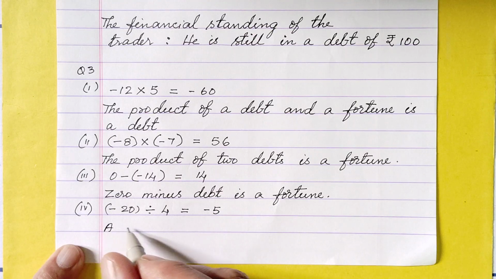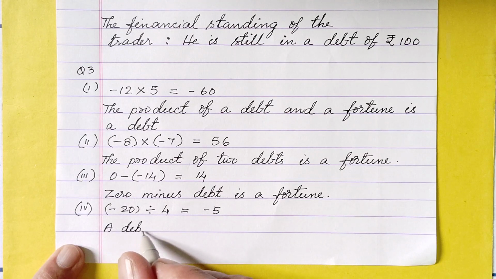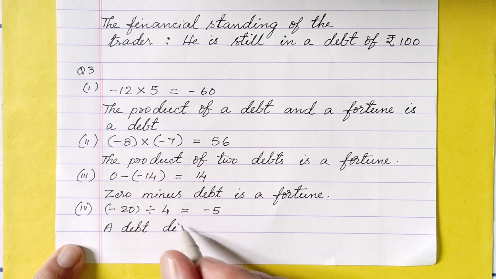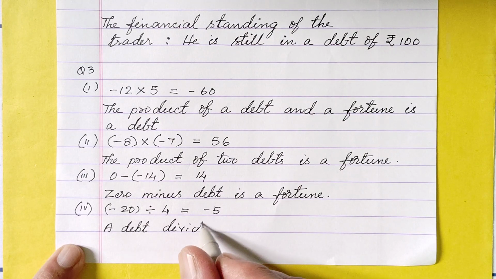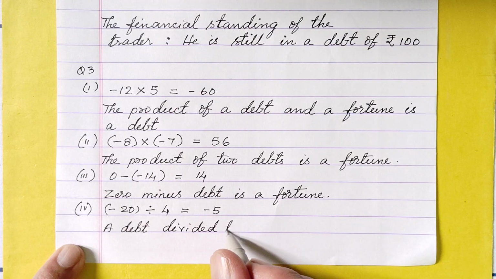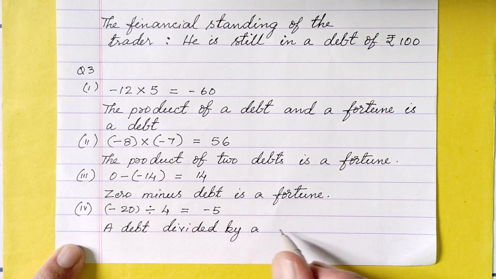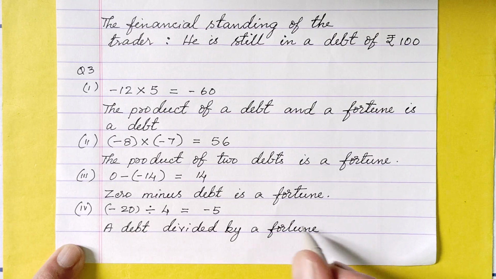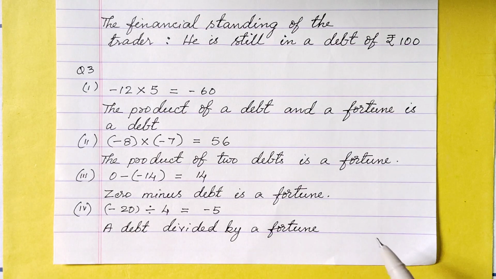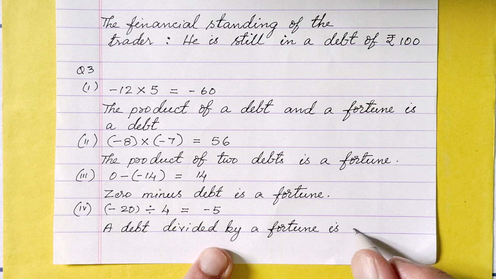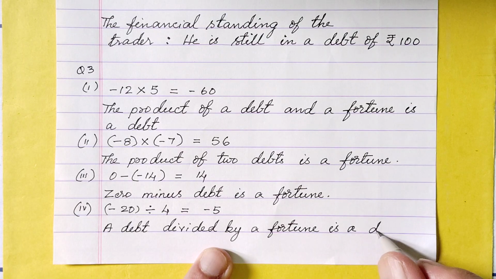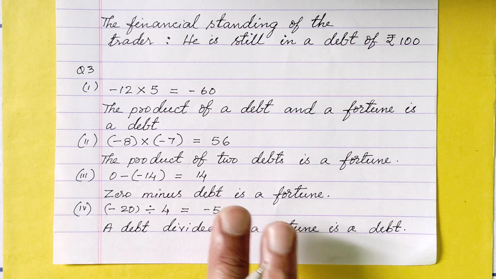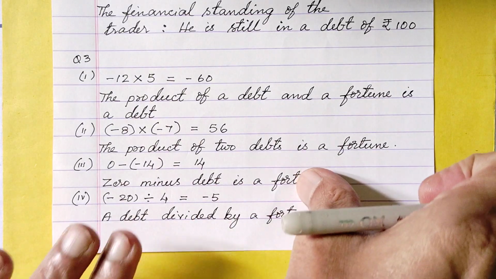A debt divided by a fortune is a debt. So the third question has been solved there. We'll go to the fourth question.